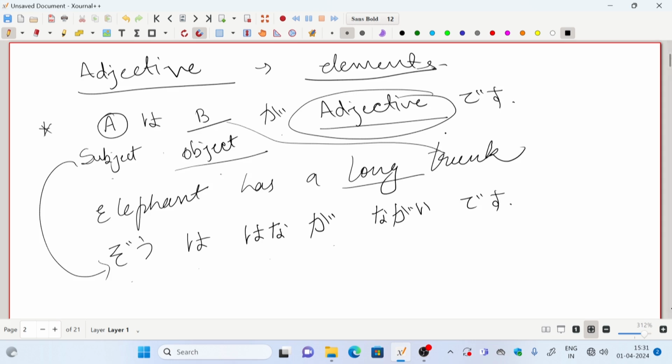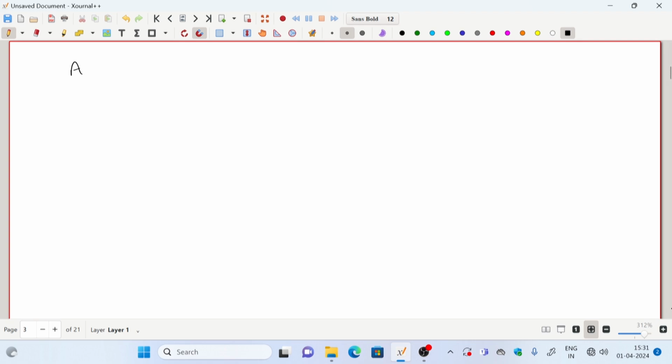So this is how we use A wa, B ga, adjective.